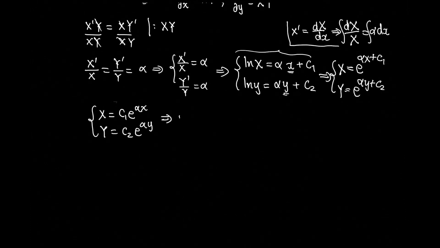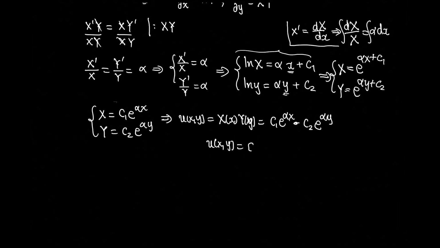That means u is just the product of both, X times Y. Then you have c1 times c2, like that. Then u equals c1 times c2, which is going to be another constant. I'm going to call it just c, times e to the alpha (x plus y).